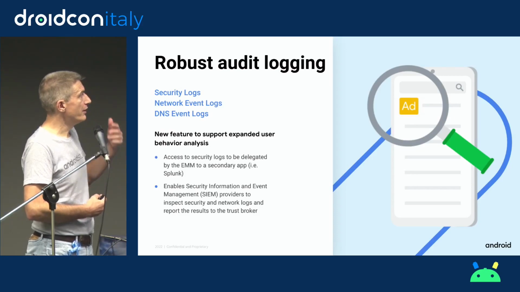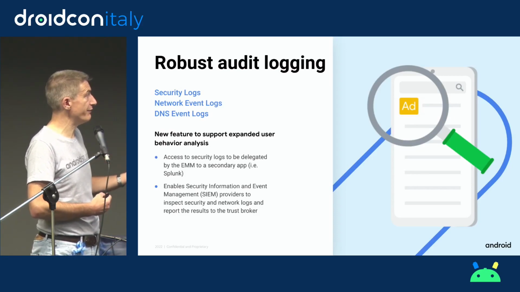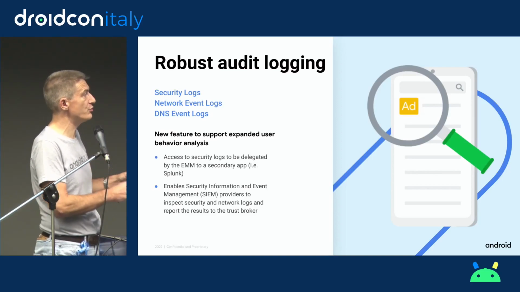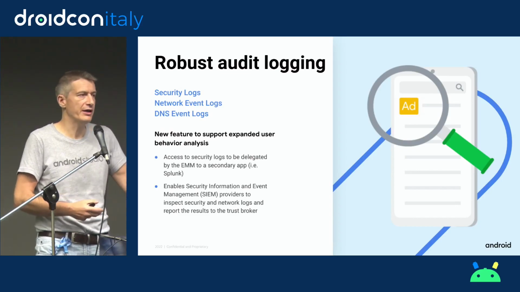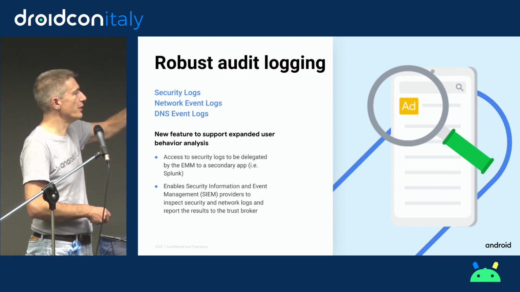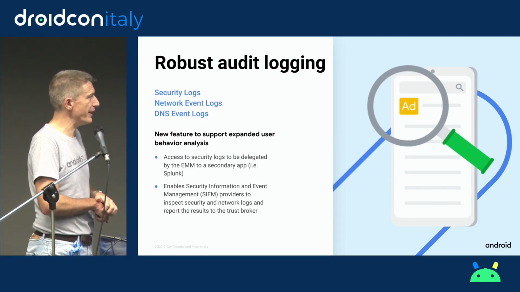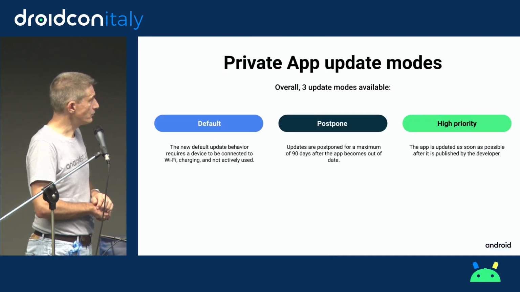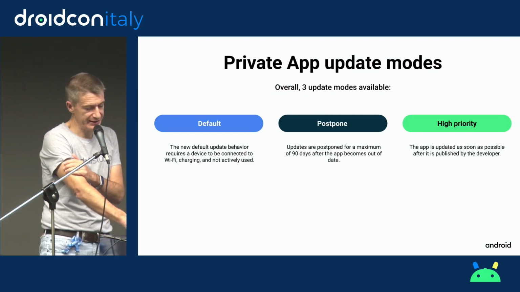For example, logging. You can have security logs, network event logs, and so on that are passed to a third-party application like Splunk. You want to use Splunk for network logging, so you can do this through a third-party application. You can build this scope manager, this scope application. Private application. So this is an interesting topic.